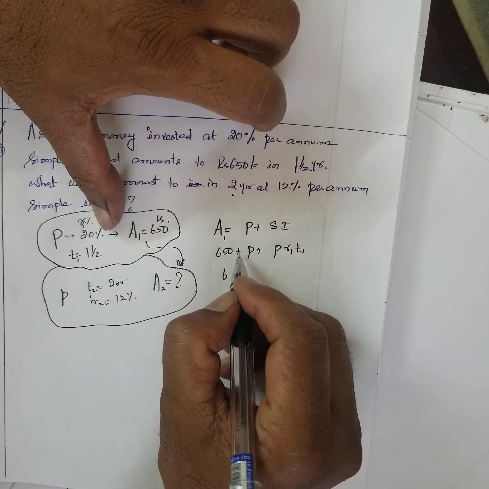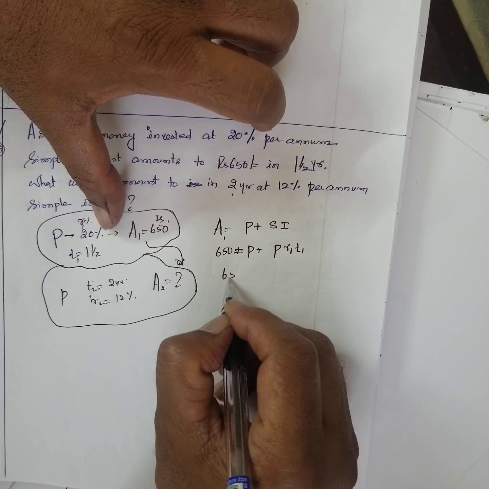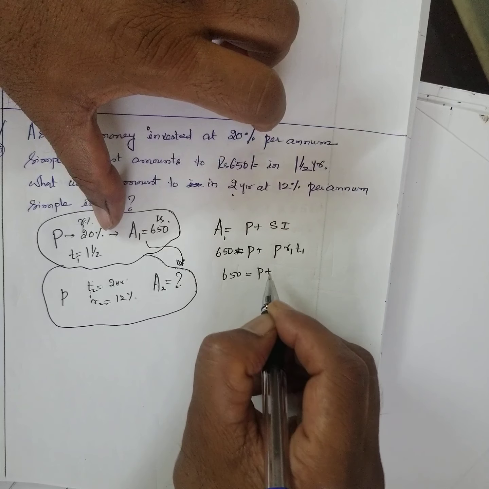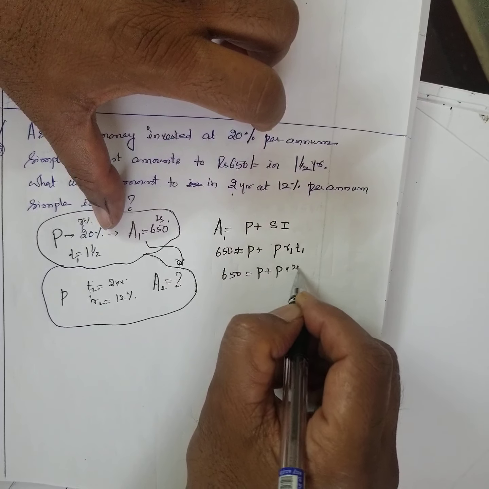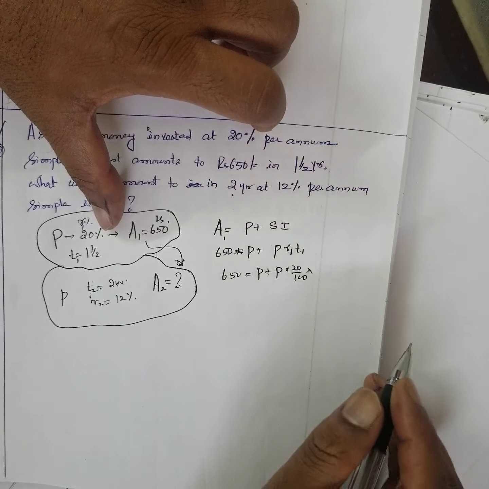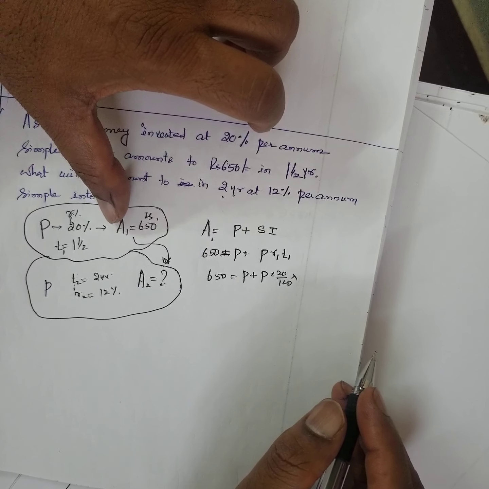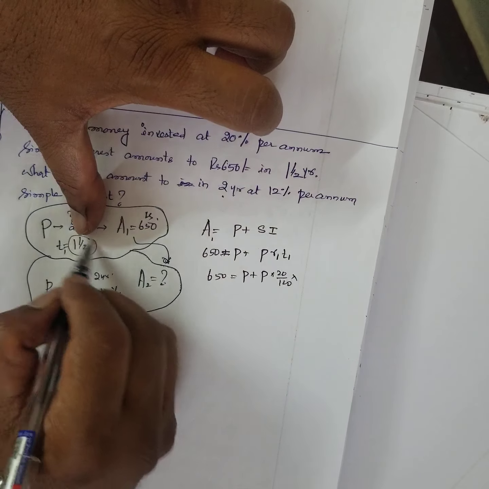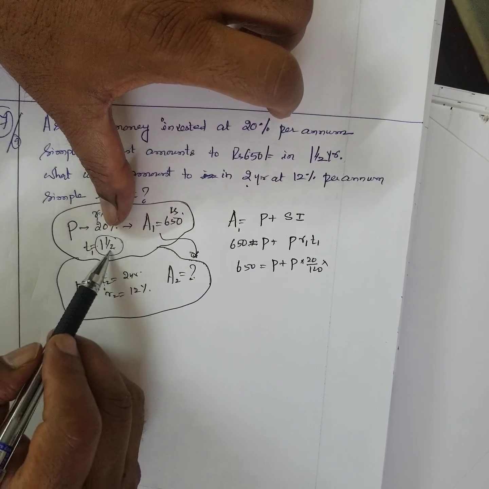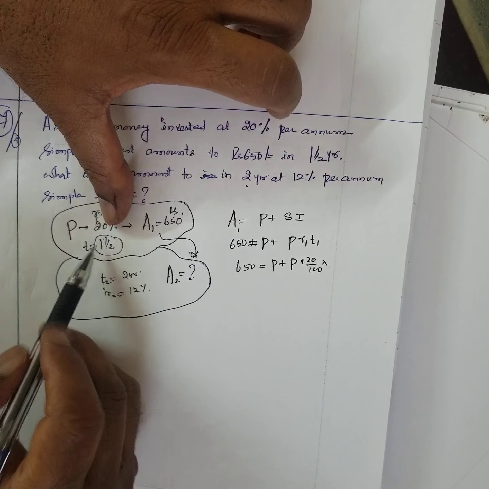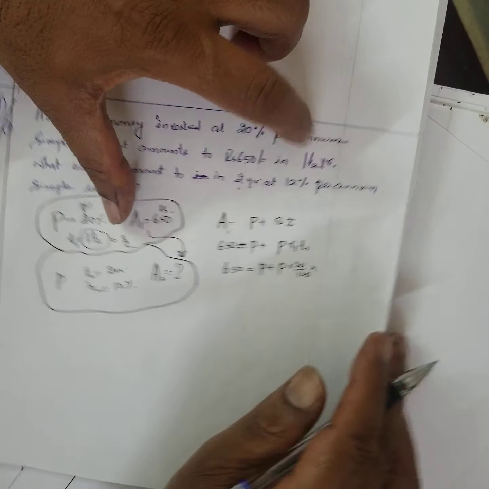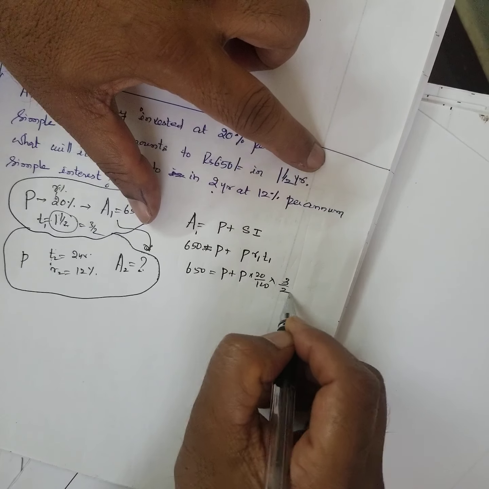That means 650 equal to P plus P, rate of interest is 20 by 100 into time is 1.5 years. 1.5 years is what do you get? 2 ones are 2, 2 plus 1, 3 by 2. Therefore here 3 by 2.